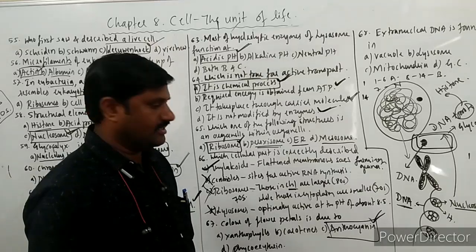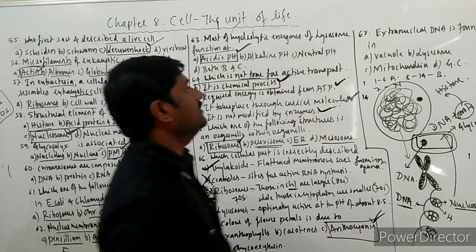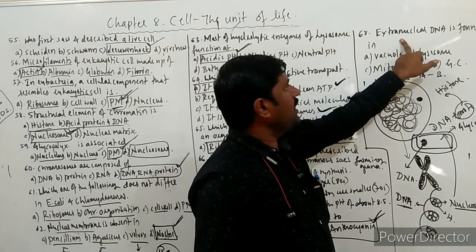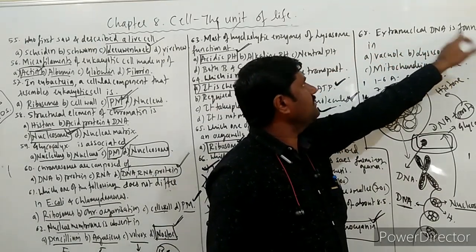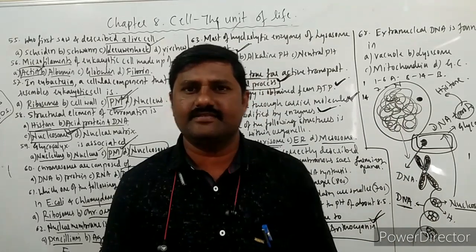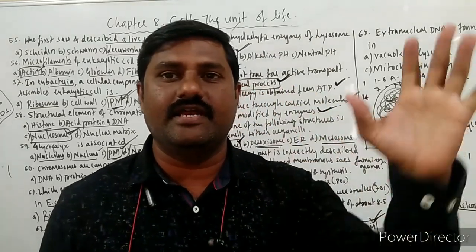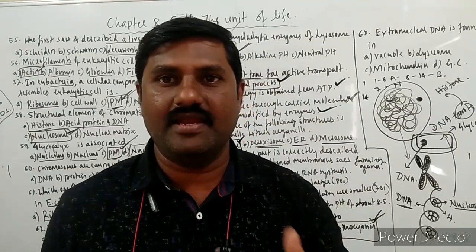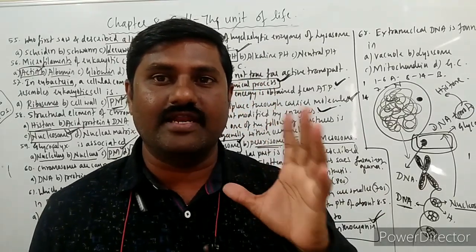Phycoerythrin is also not the correct answer over here, right? Next question, and the last question here. Extranuclear DNA is found in. What is this extranuclear DNA? Extra means outside. Remember? This is how we have to analyze the words.